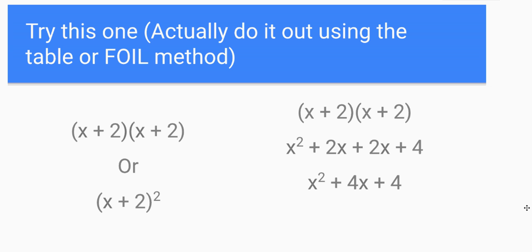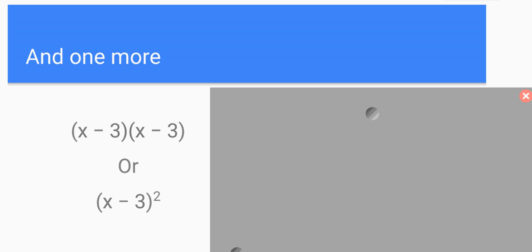Okay, well, is there maybe a shortcut that we can look at and say, all right, I see what's happening here? Let's look at another one. Take a second right now, pause the video, see if you can find the product of x minus 3 times x minus 3. And if you think you know what it's going to be without actually doing any of the work, jot that down too.